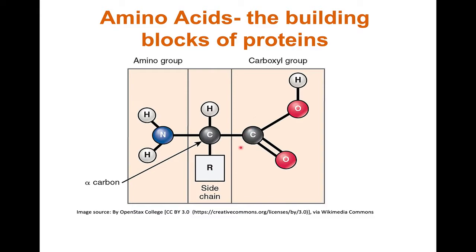Then there is a carboxyl functional group, and that's the reason we call this an amino acid. The carboxyl functional group is acidic, the amino group is basic. And then there is a hydrogen that is attached to the carbon. So these three parts are exactly the same in all the 20 amino acids available in nature. The only thing that is different between them is their side chain, which is shown collectively as R. And depending on what side chain there is, you get a different amino acid.